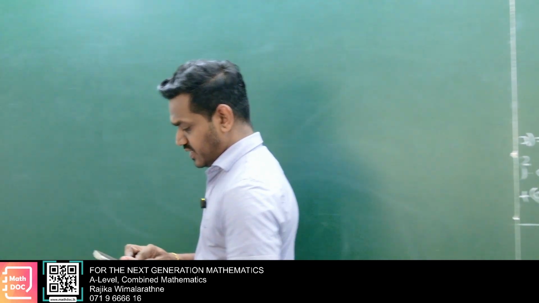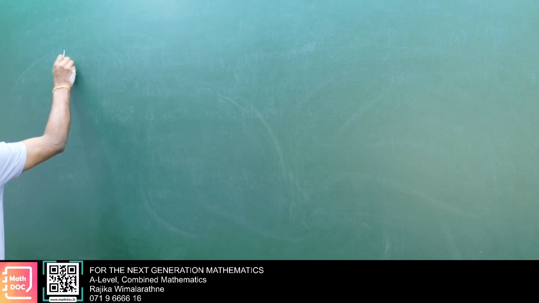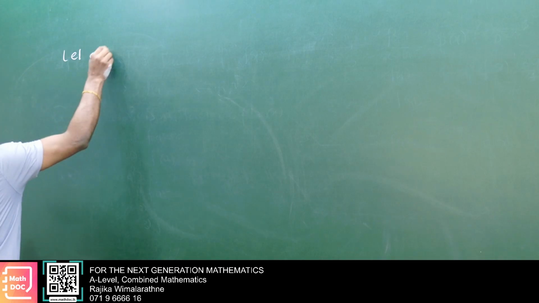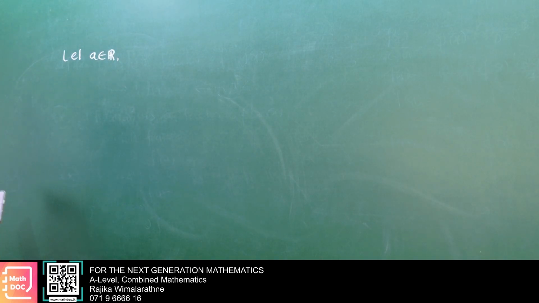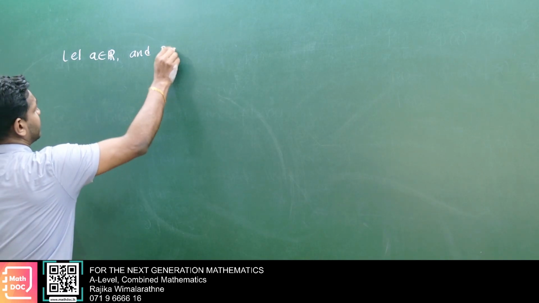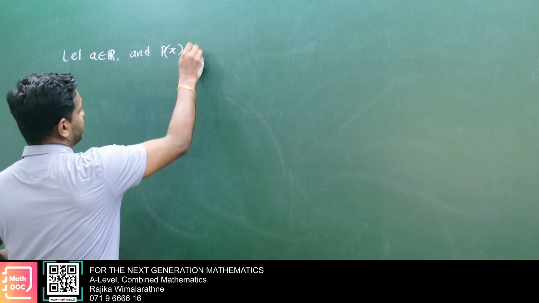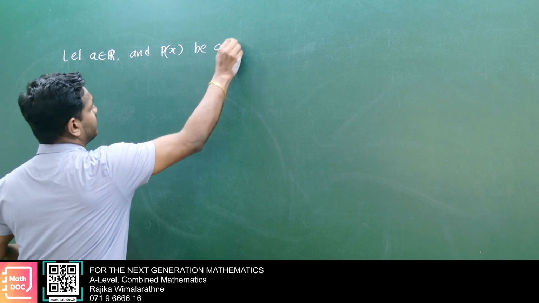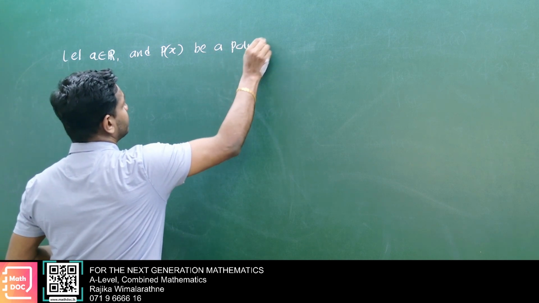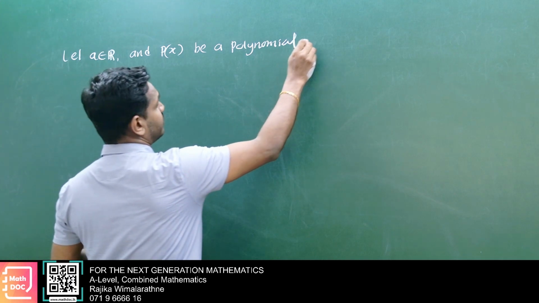Okay. Now let's do one example. Let's do one question. So write this one. Let a be an element of the real set, and the function p(x) be a polynomial of degree 4.